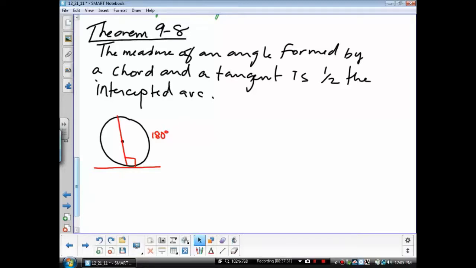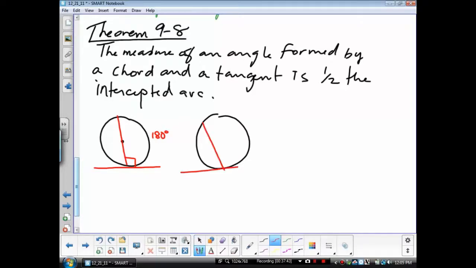Now, slightly harder, we have an angle that is obtuse here, formed by a chord and a tangent. And you can see that if you would draw that diameter, you have a 90, which is half of this 180.